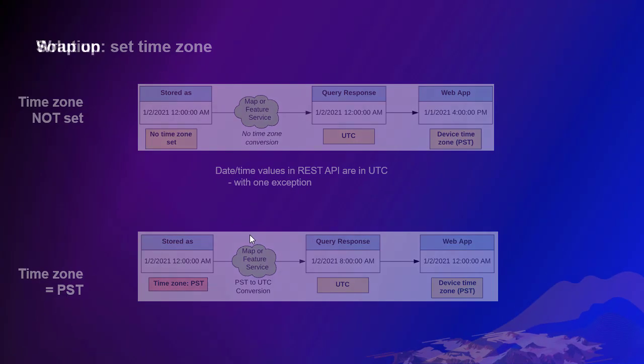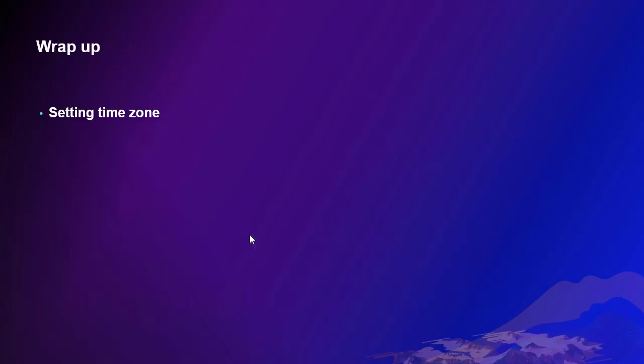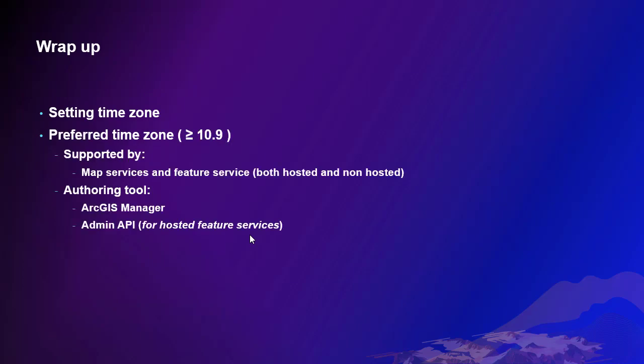To wrap it up, we talked about why the time zone setting is very important. If you do not set it, you will get data incorrectly displayed in different applications. Then we talked about the preferred time zone, which is new starting at 10.9.